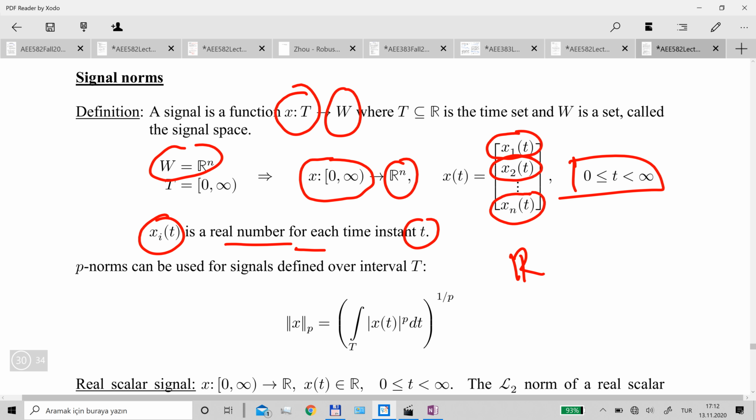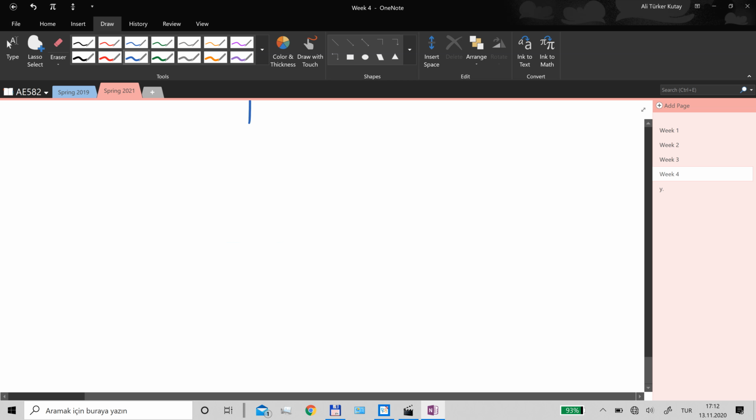For such a signal, p-norms can be used in a way similar to how we use them for constant vectors. I would like to show you the analogy. Whenever you have an n-dimensional real vector, this is what you have: x1 through xn.